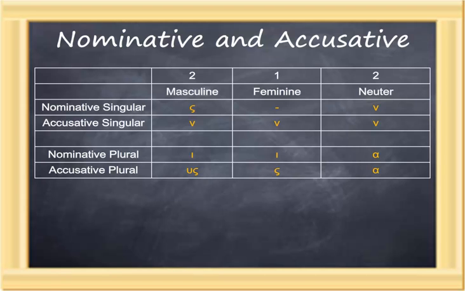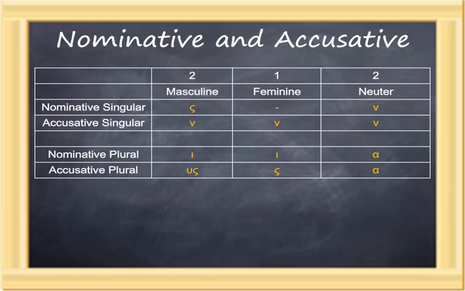In terms of the rows, the first row of forms are the nominative singulars. So these are the singular forms functioning as a subject. The second row are the accusative cases, and these are forms that function as direct objects. The nominative plural are subjects, but plural, and the accusative plural are objects, but plural in the sentence.